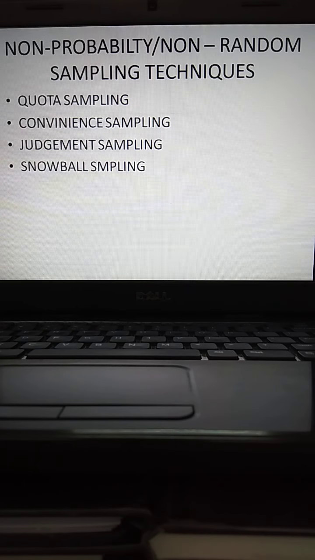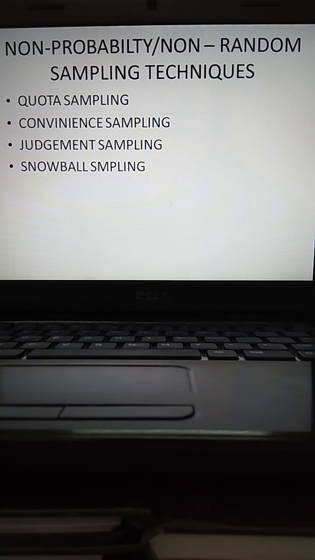Now we go for one more set of sampling methods, known as non-probability or non-random sampling techniques, or deterministic sampling techniques. Here the entire sample is going to be selected at the discretion of the surveyor.